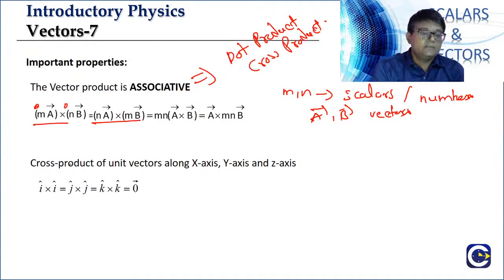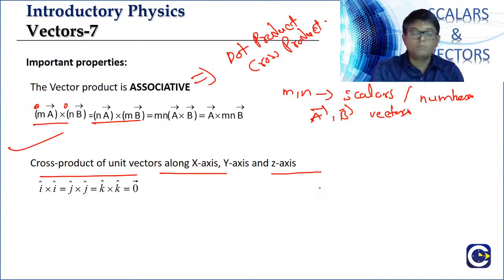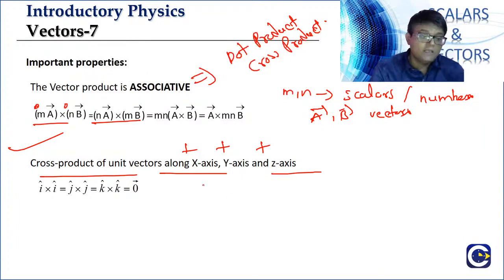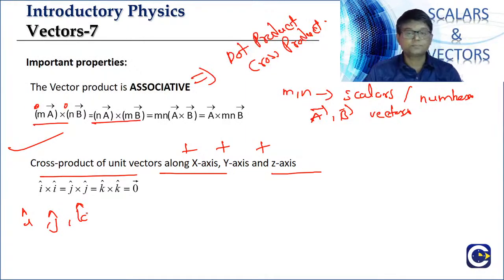Okay, so now we'll go into the next major area: the cross product of unit vectors along the positive x-axis, positive y-axis, and positive z-axis. What do we call them, by the way? We'll call them i cap, j cap and k cap. In this there are two things.